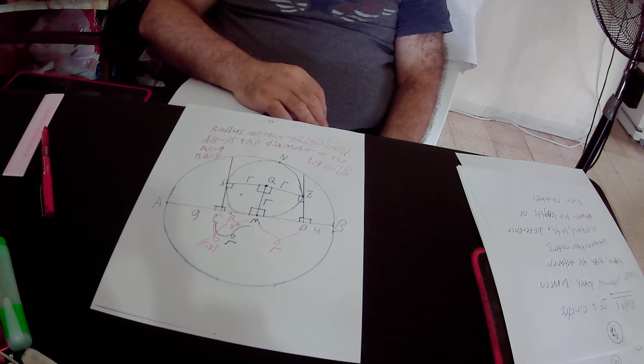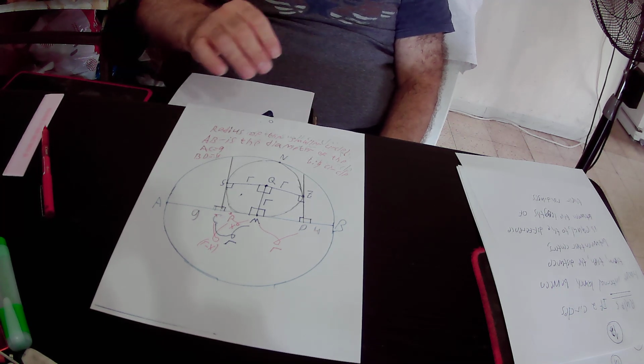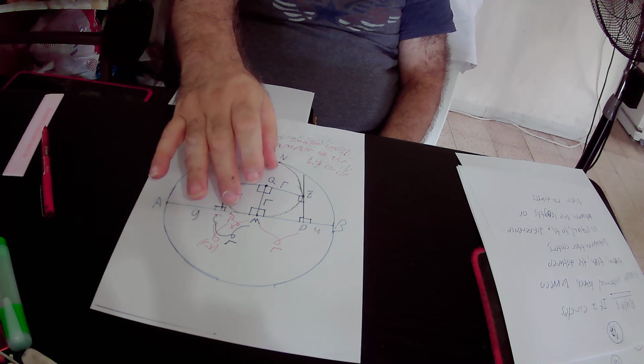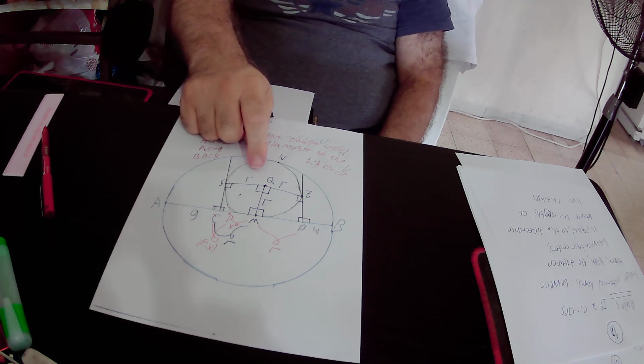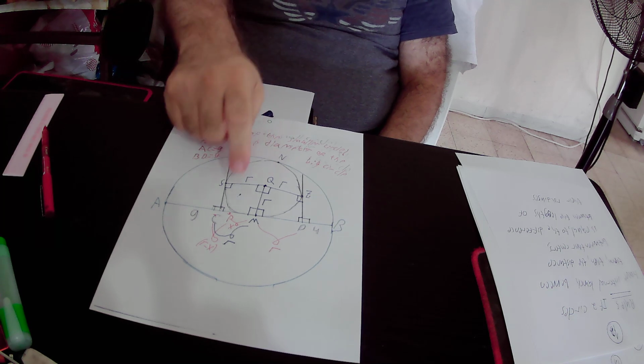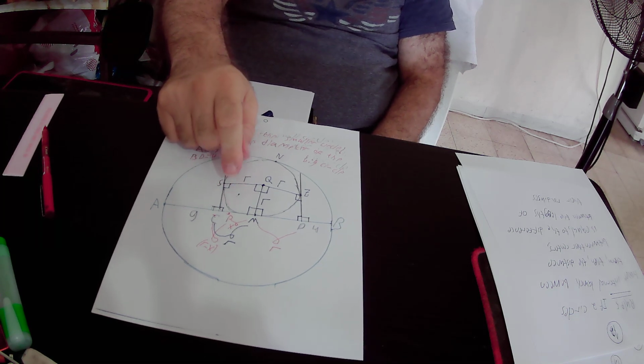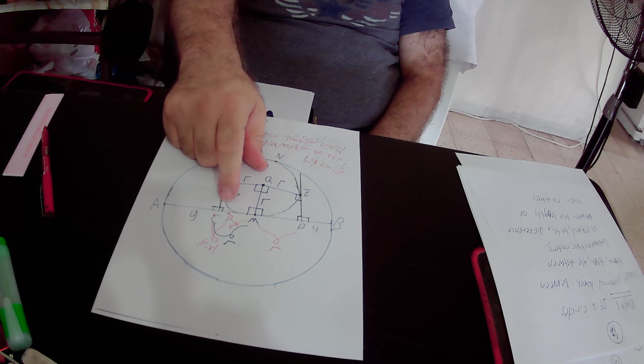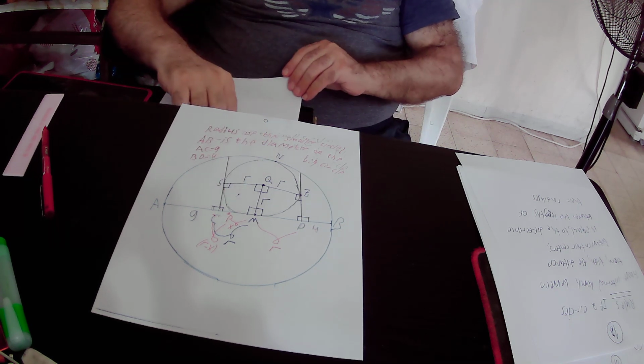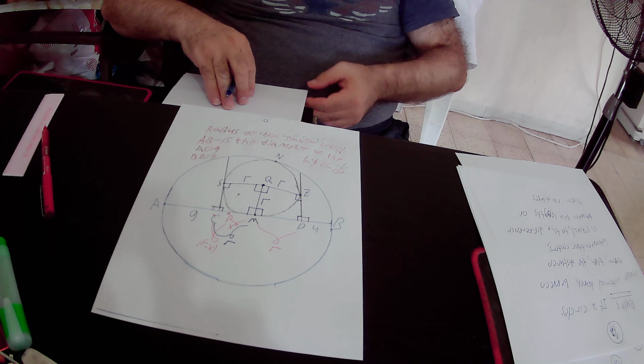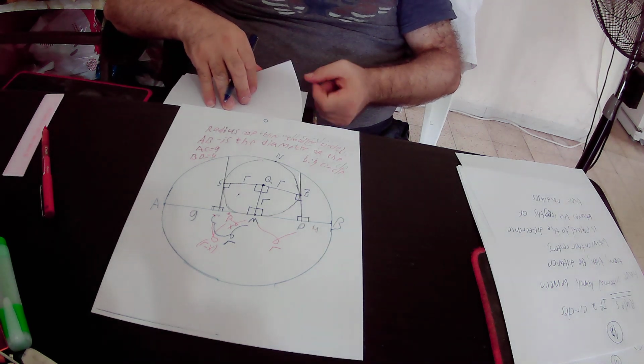According to rule number 5, the distance between their centers, that is QP, because Q is the center of the small circle and P is the center of the big circle, so QP is the distance between their centers.